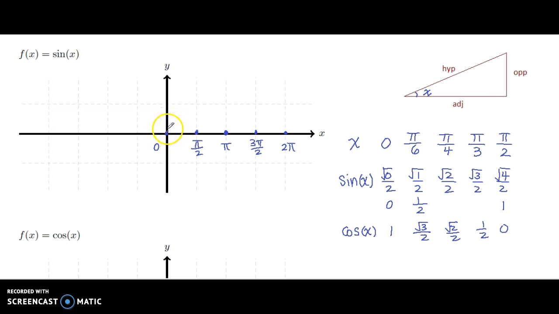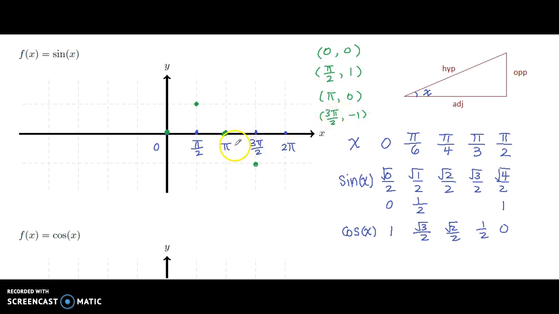So sine of 0 is 0. So we have the point 0, 0. Sine of pi over 2, we get 1. So this is the point on the graph. Sine of pi, we get 0. Sine of 3 pi over 2, we get -1.